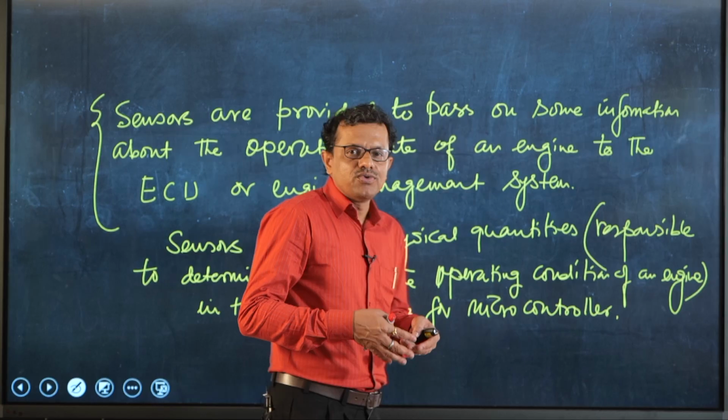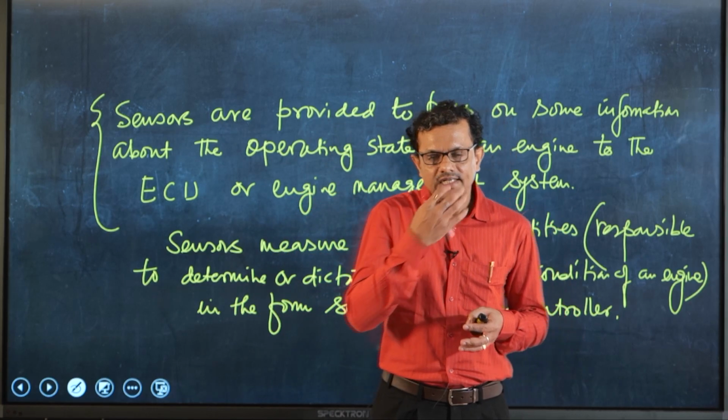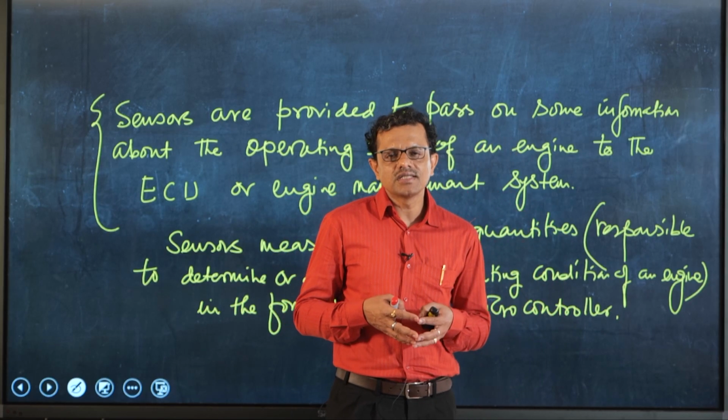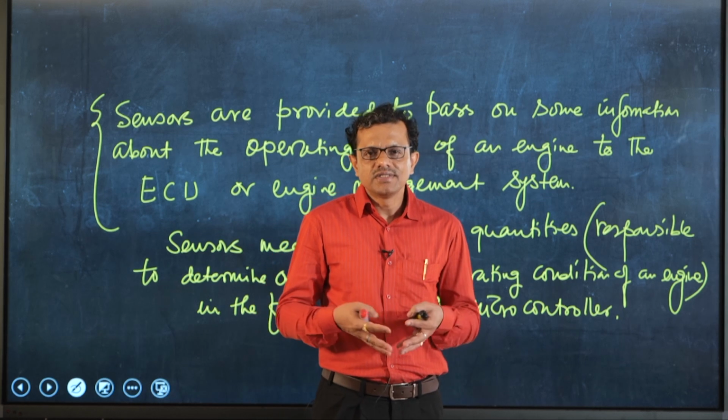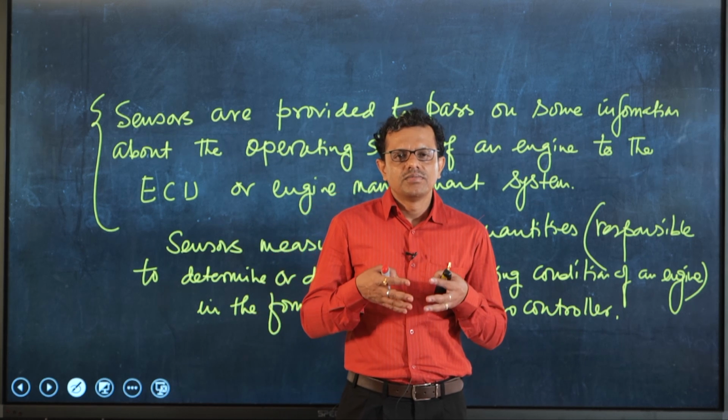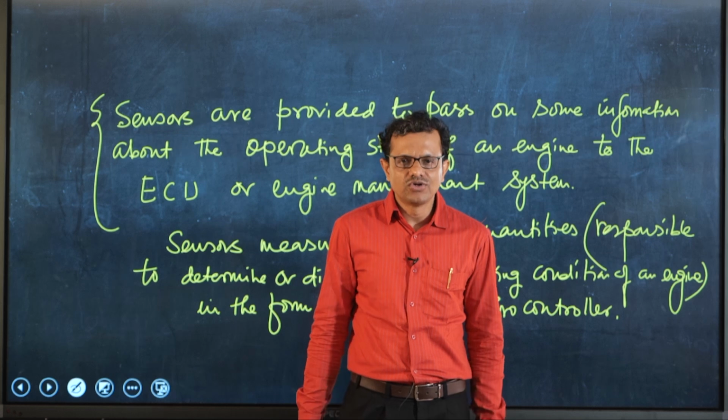Now, the question is, what should be the input to the sensor? Typically, the input to the sensor is any physical variable of the plant being controlled.